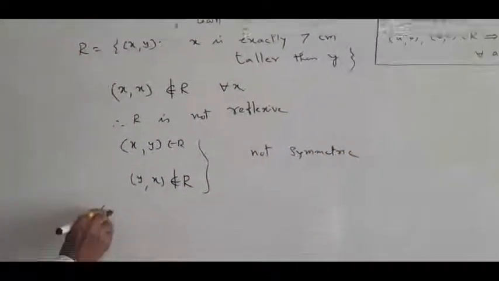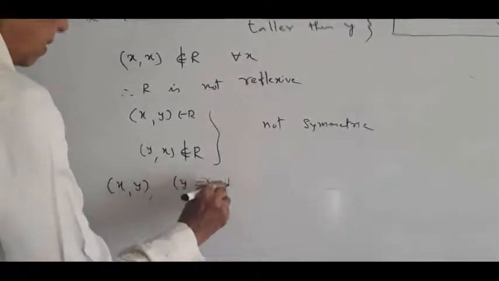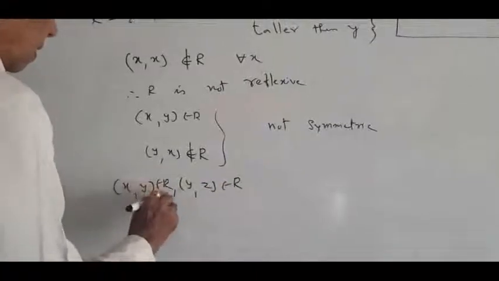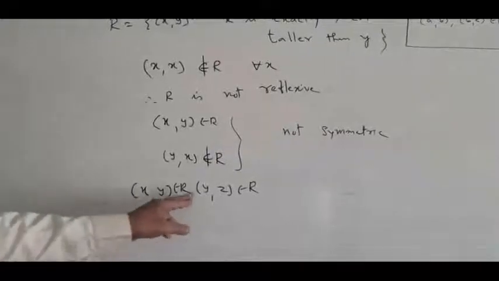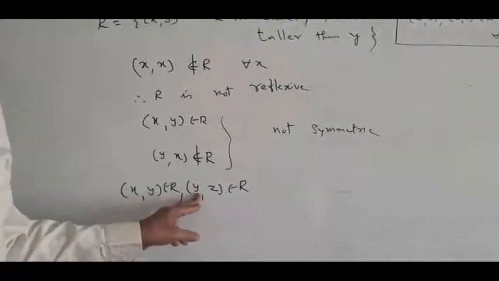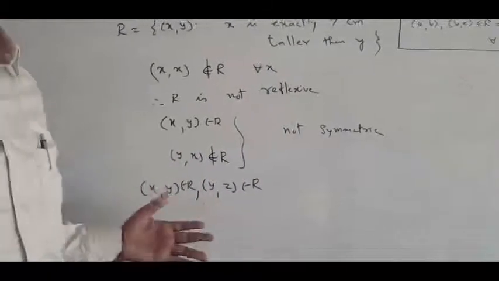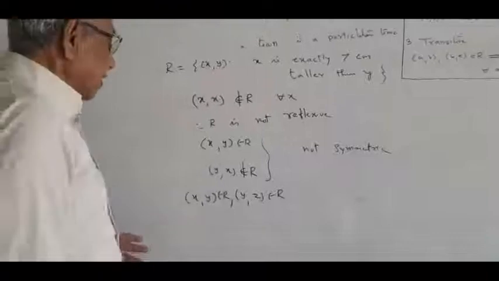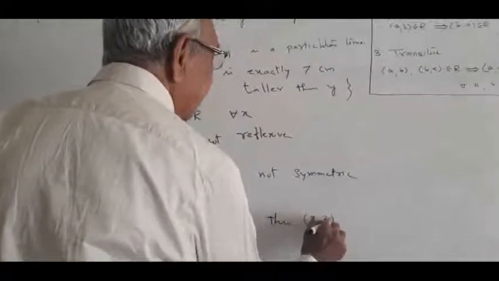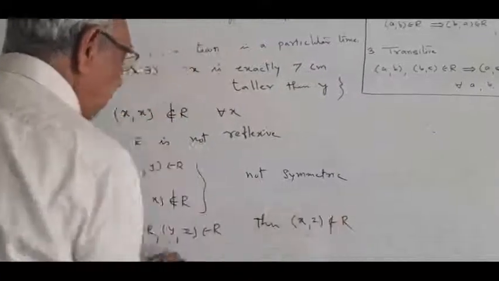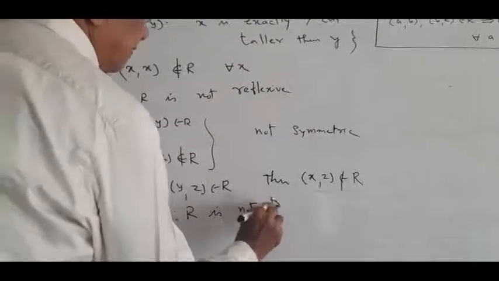Now if (x, y) belongs to R and (y, z) belongs to R, that means x is 7 centimeters taller than y, and y is 7 centimeters taller than z, then naturally x is 14 centimeters taller than z, so x is not 7 centimeters taller than z. Then (x, z) does not belong to R, therefore R is not transitive.